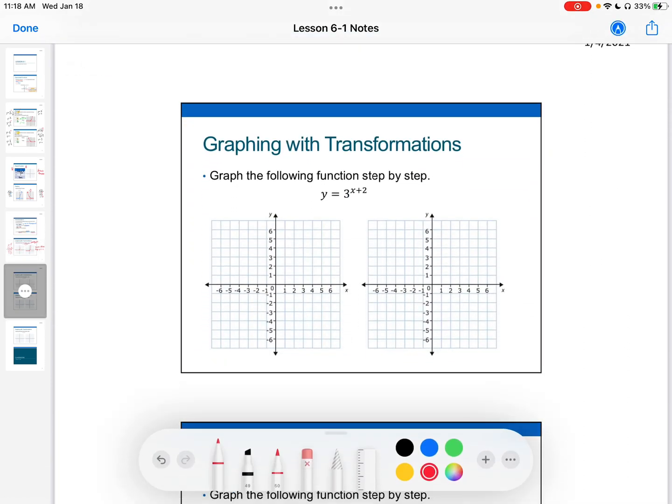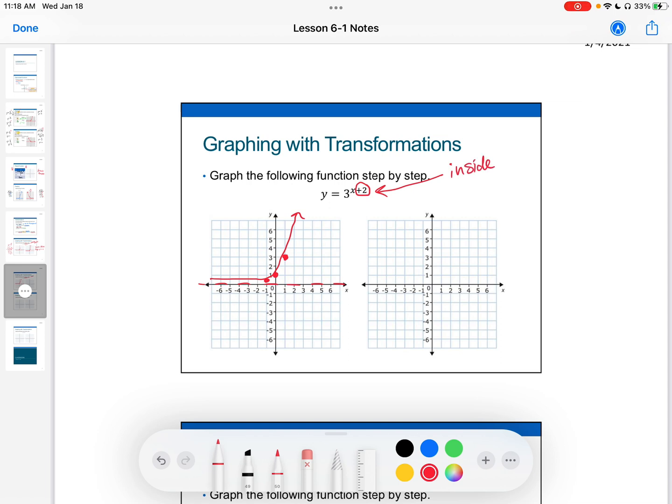Again, I have the exact same parent function. Remember, you just draw your chart to figure it out, but it's still 3 to the x. So I've got the exact same points as before. Don't forget your horizontal asymptote. Now, where is the +2 at on this one? Well, you guys can see that +2 is smaller, so that is because this +2 is on the inside.